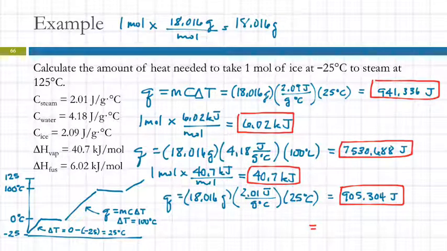So I add all of those up and I end up with 56.097328 kilojoules of energy. In terms of significant figures, adding in kilojoules, this is the one with the fewest number of decimal places. So it's going to be 56.1 kilojoules.